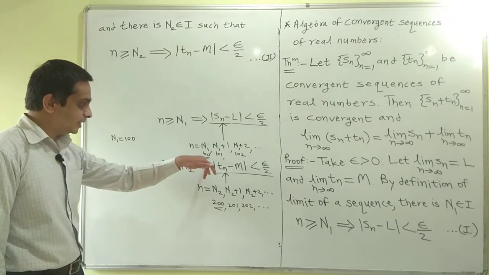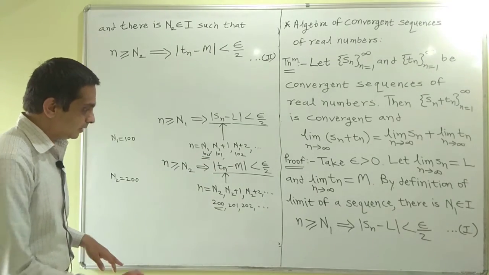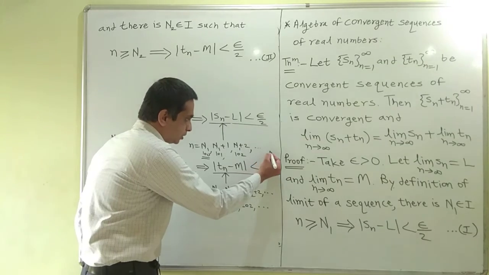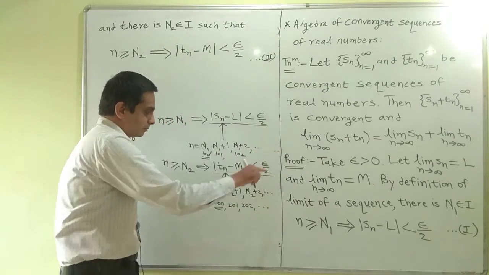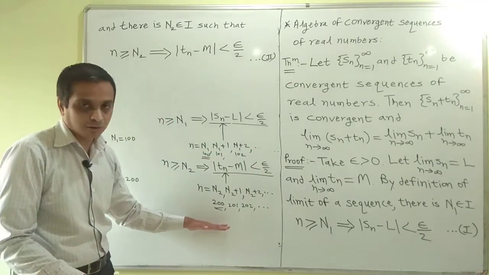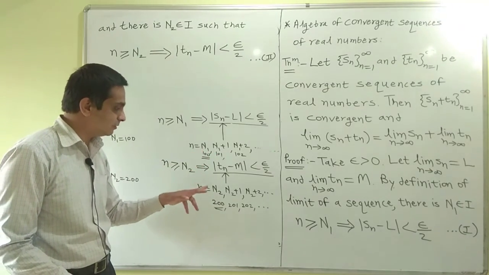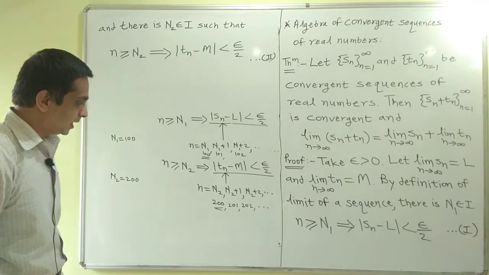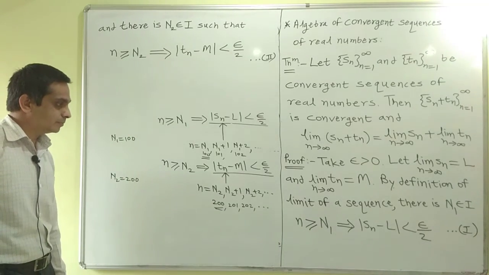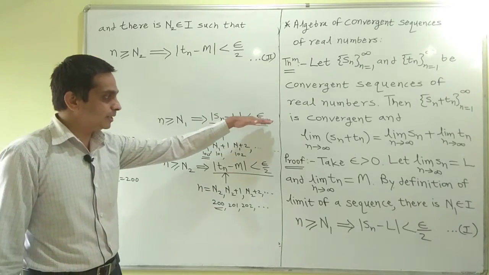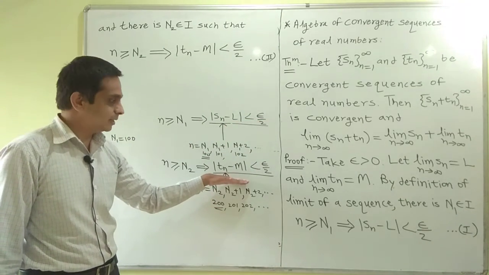I observe that 200, 201, 202 appear in both lists, but 100, 101 do not appear in the second. That's why we need a number which is greater equal to both n1 and n2, and we can take it as the maximum. So I could take 200, and then these two statements will hold simultaneously.